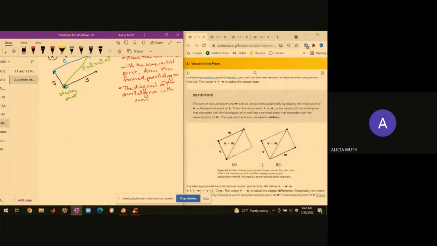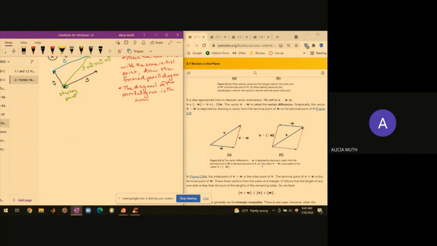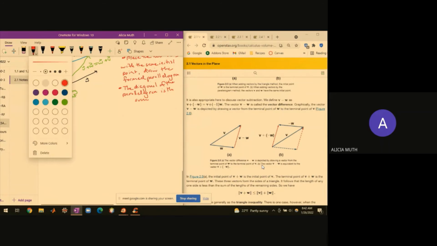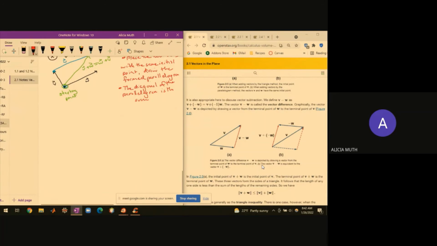So where do I have it? Right there. Okay. This is our vector difference. So v minus w is defined to be v plus negative w, which is v plus negative 1 times w.